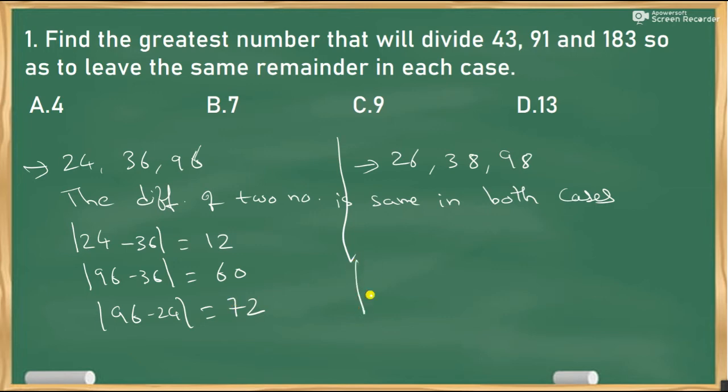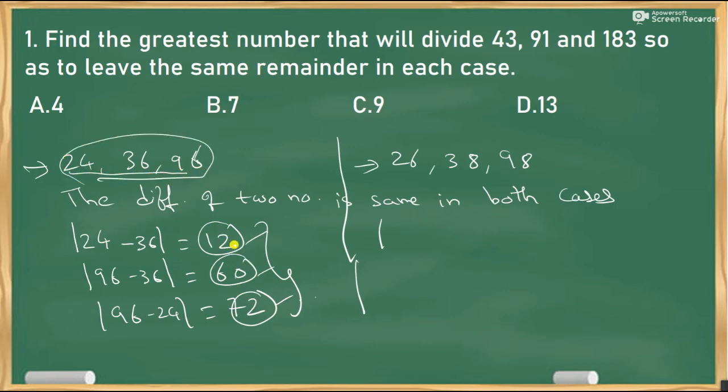Clear? These are the three numbers 12, 60, 72. So the HCF of these three differences will be the same as the HCF of the given numbers.